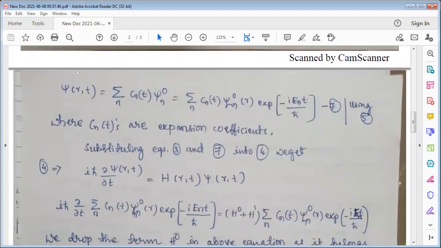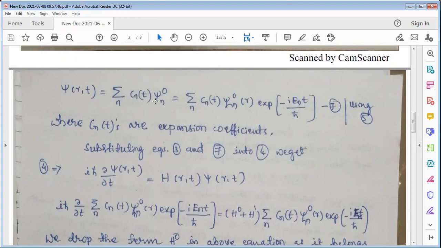So in quantum mechanics, we use linear combinations of wave functions. Here, these wave functions are expressed as a linear combination. This is the summation over n of C n of t, where n takes the values 1, 2, 3. All these are called the expansion coefficients.